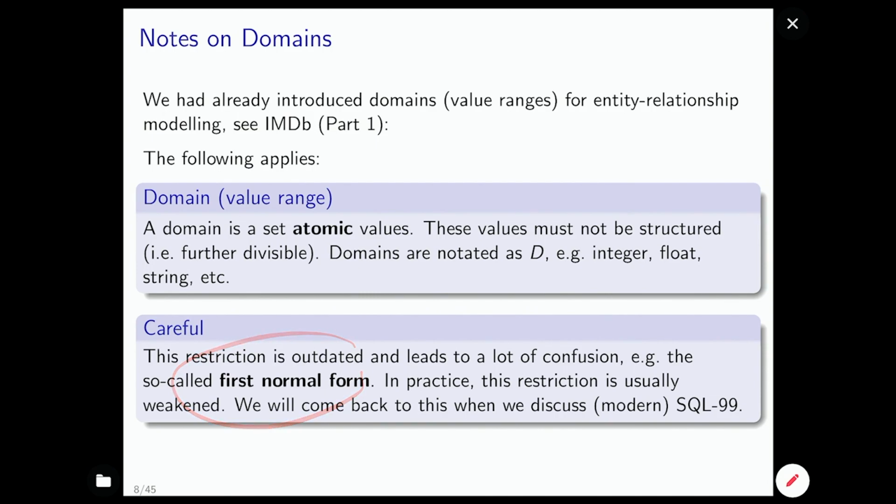We won't do that. But this theory was created based on the assumption of atomic values. And in modern SQL, where modern means the standard that's more than 20 years old, so SQL 99, you don't have that restriction anymore. We will see in this lecture that we can have domains that are relations.